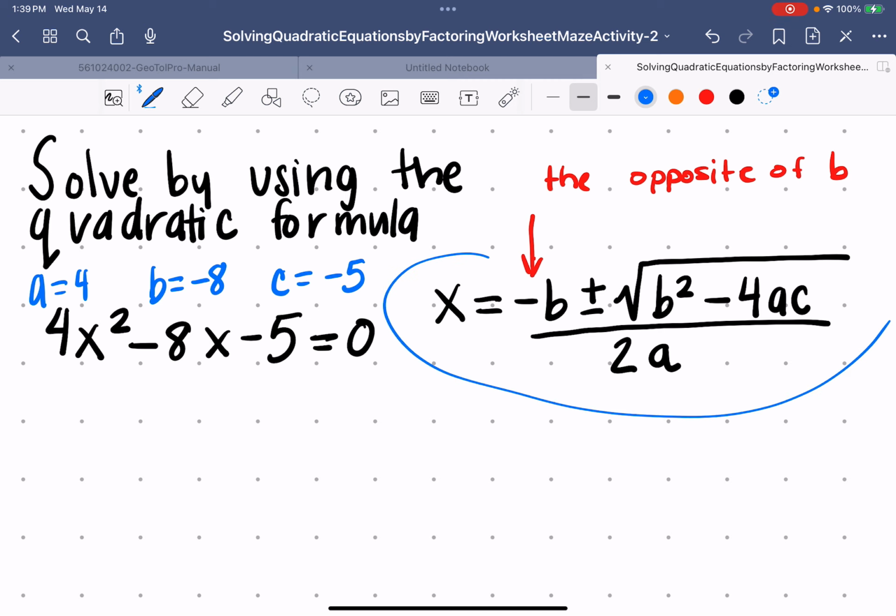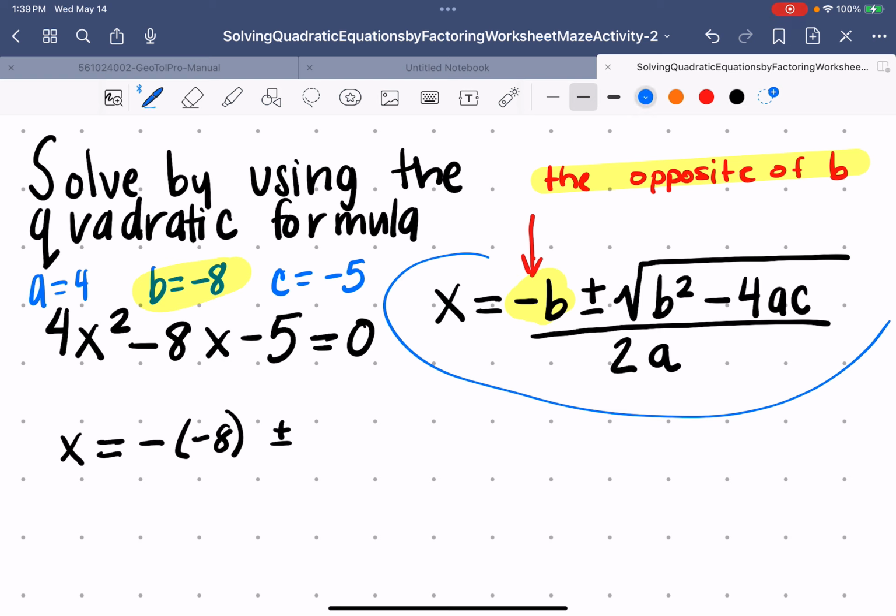This is my quadratic formula. It's really important to notice a few things. We have what most people say is negative b, but actually that's the opposite of b. So if b is a negative 8, the opposite of b will be a positive 8. Okay? So let's plug it in, and this is why it happens.